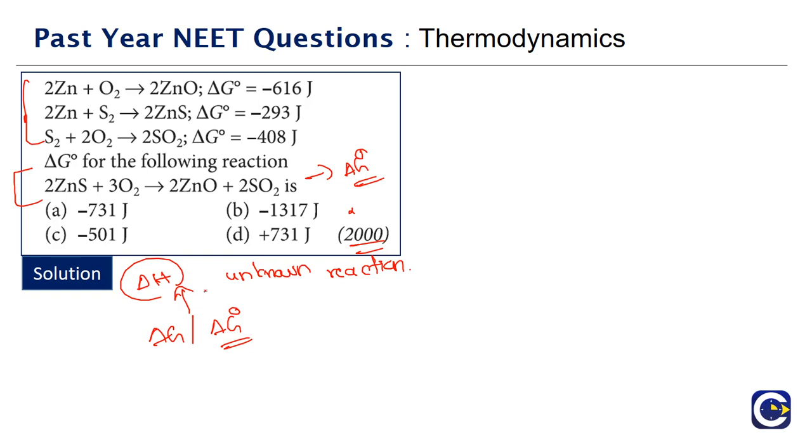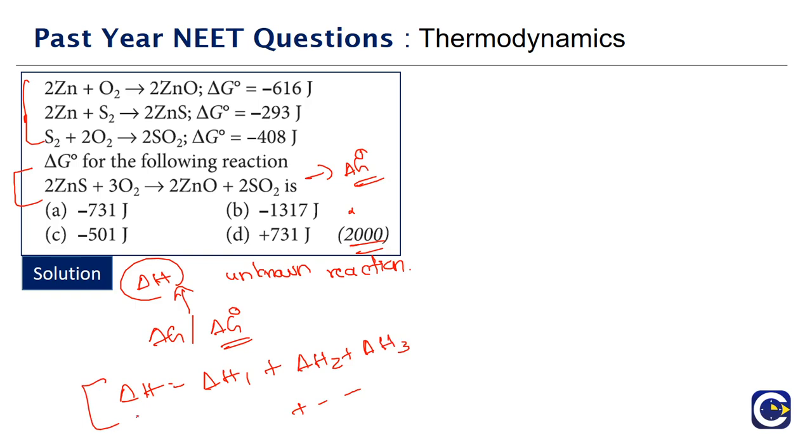If you have a combination of reactions, the enthalpy change of the overall reaction will be equal to what? The sum of the enthalpy changes of the individual reactions, whatever number of individual reactions we have. So sum of the enthalpy changes of the individual reactions will be equal to the enthalpy change of the overall reaction. That is the concept of Hess law.